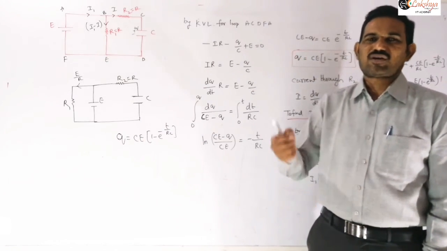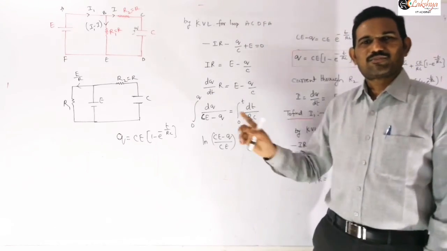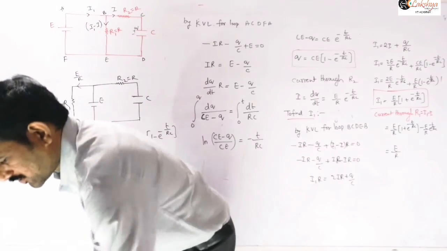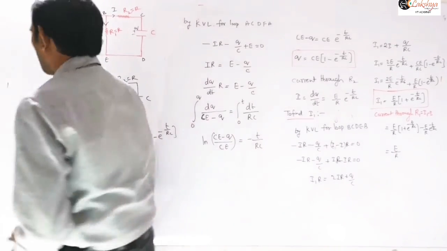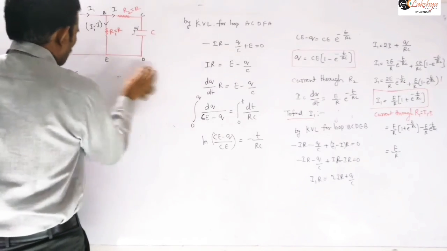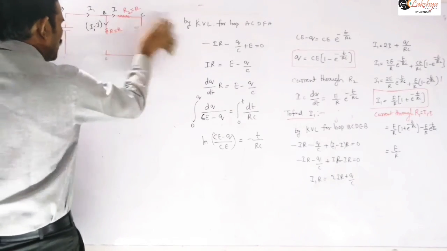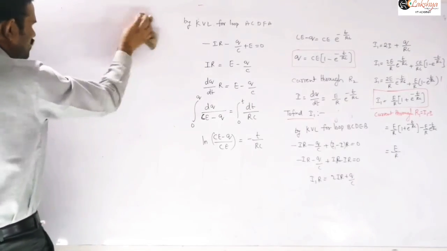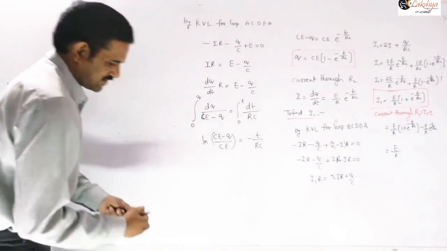If you are unable to identify that, then this will be the procedure, right? By identifying the circuit like this, that means by finding the time constant and then by finding the maximum possible potential difference across the capacitor, you can answer these values without solving like this also. So without solving like this, you can answer circuits like this also.